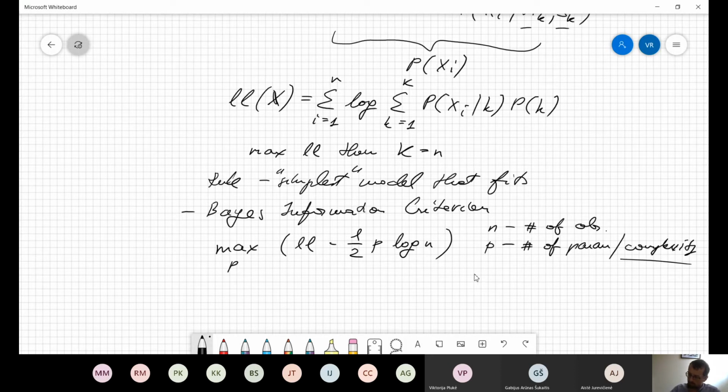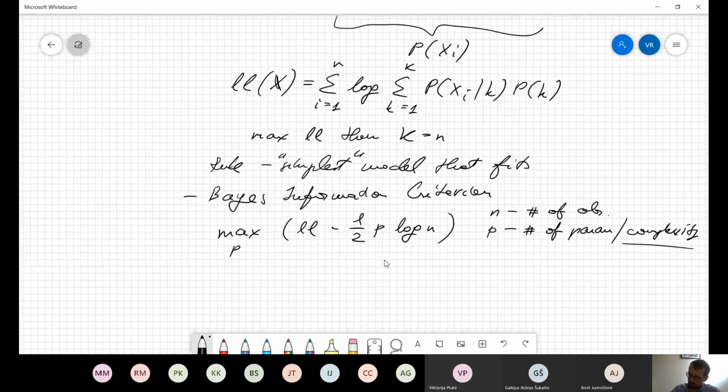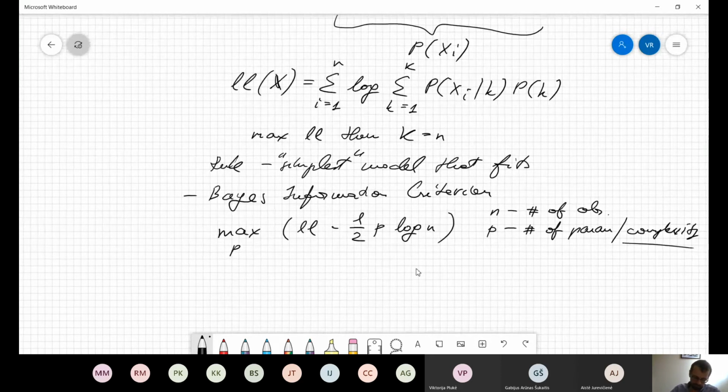We want the model to be simpler, so we can maximize this expression.